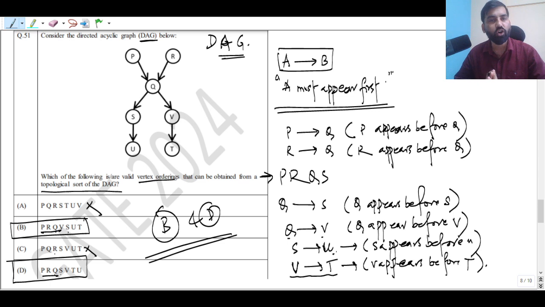If there is an edge from vertex A to vertex B, it means A is directed to B, so A must appear before B in that ordering. To determine which vertex orderings are valid topological sorts of a DAG, keep in mind that if a vertex is directed to another vertex, the first vertex must come before the second. This is important, and you have to check the ordering. So options B and D are good for this question.